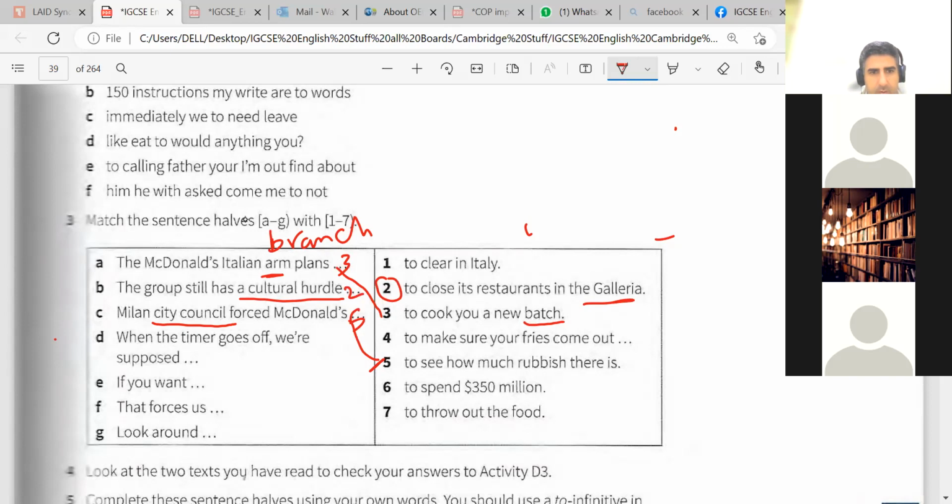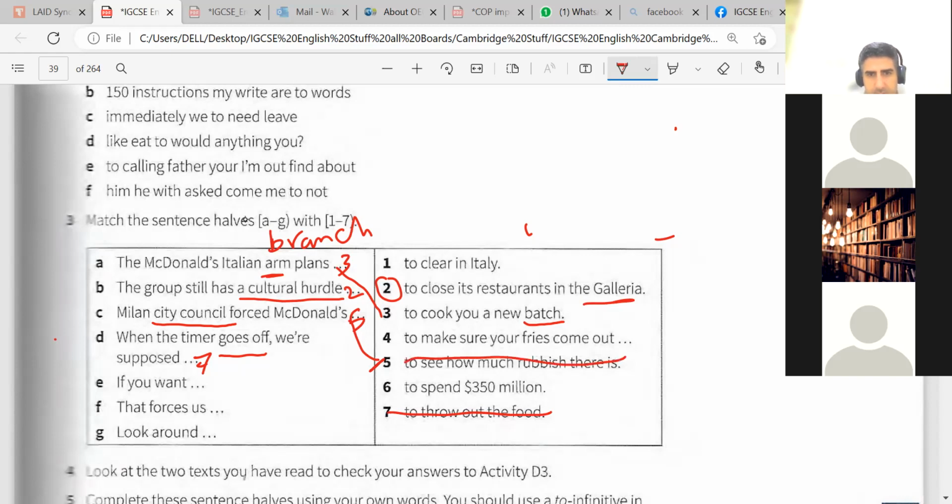When the timer goes off, we're supposed to throw out the food. Yes, perfect. Throw out the food, 7. Khalid finished.